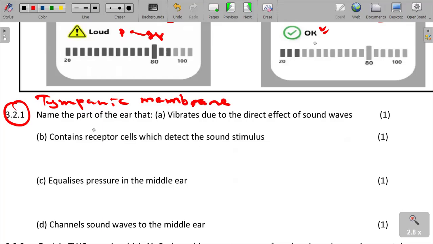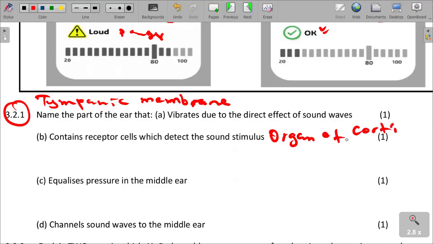And then name the part of the ear that contains the receptor cells which detect the sound stimulus. The sound stimulus is detected by the organ of Corti.